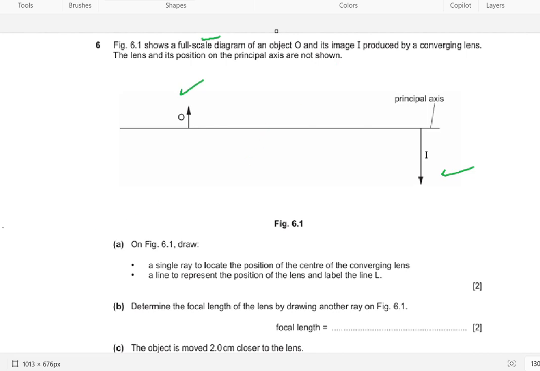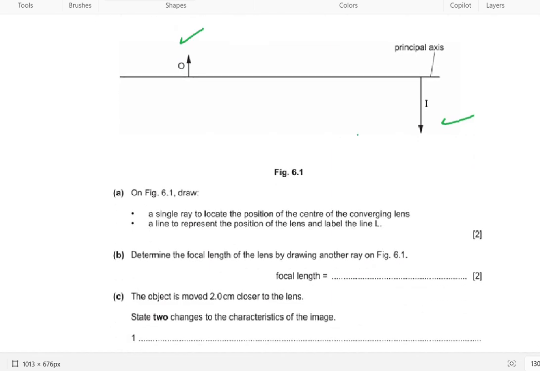What do they want? They want, on the figure, first, to draw a single ray to locate the position of the center of the converging lens. Let's remember that when we want to draw any image from a converging lens, one of the rays I draw is from the top of the object.